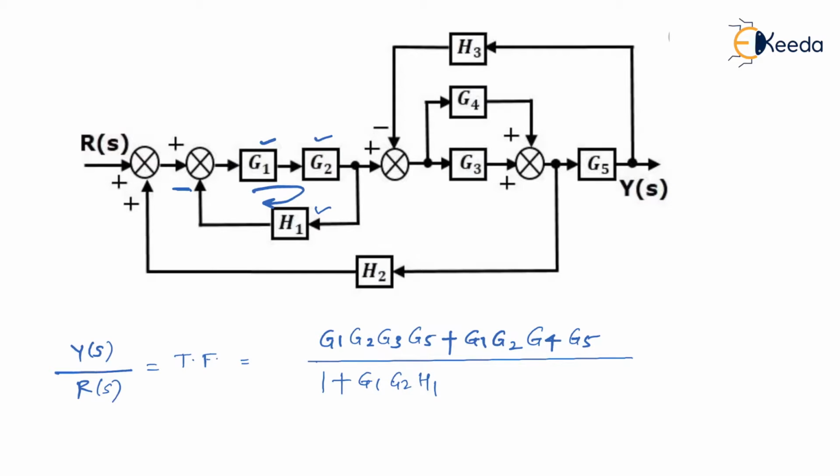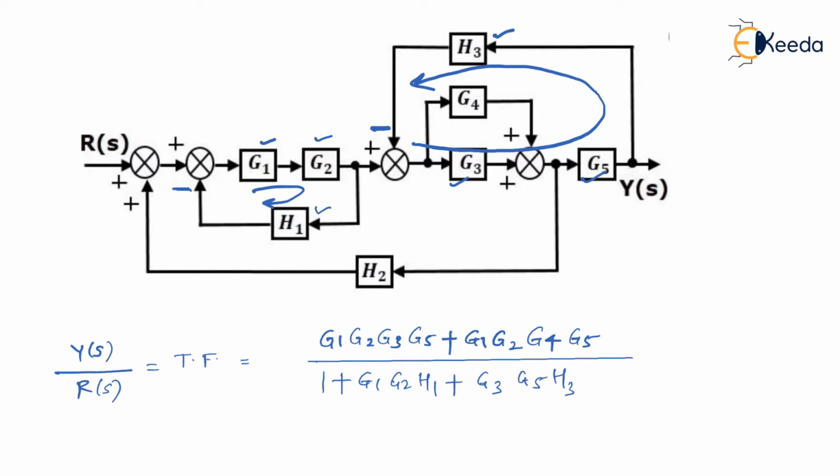If you notice, there is another loop like this. Am I right? So you will get G3, G5 and then H3. Since there is a negative feedback, I'll again say plus. It is G3, G5, H3.